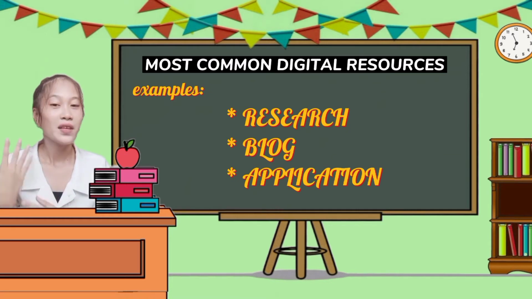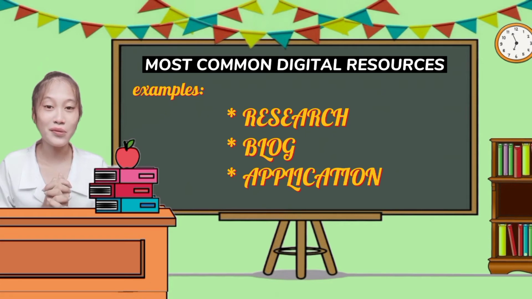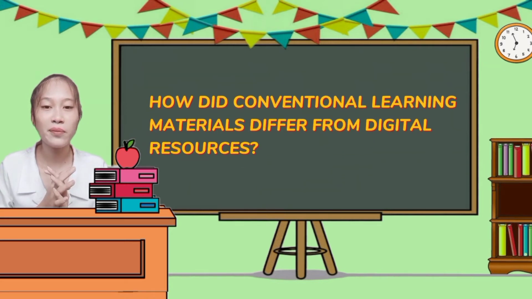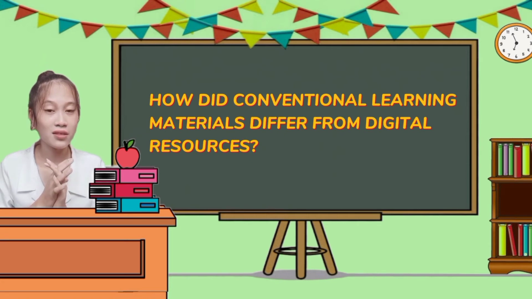For application, we have Microsoft Word and other things that allow us to gather knowledge or educational related information. For example, applications like the English dictionary, or those that are related to English, so we can gather information from them.